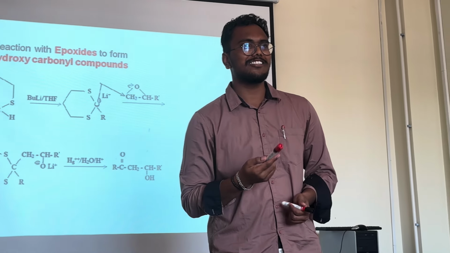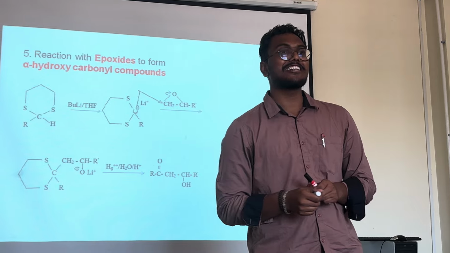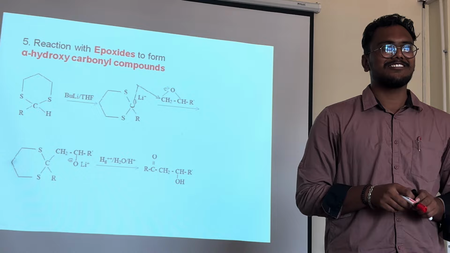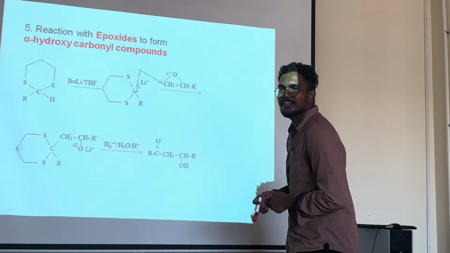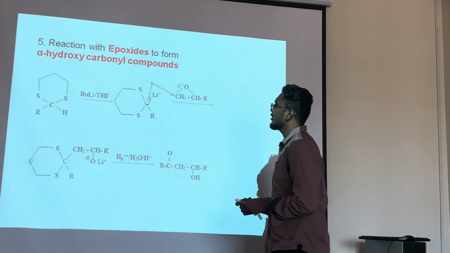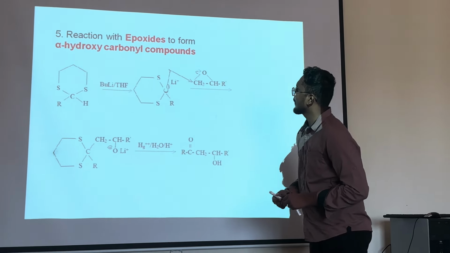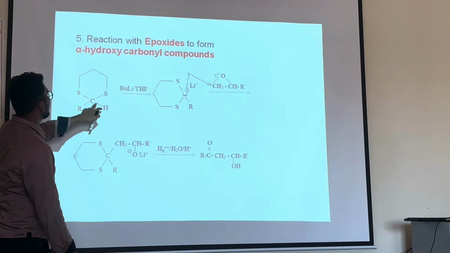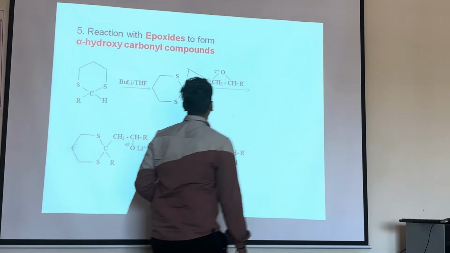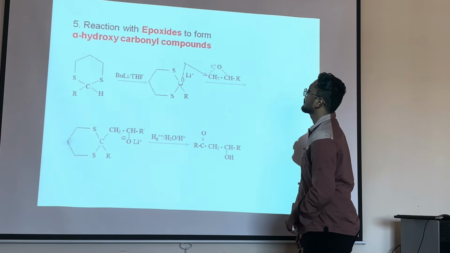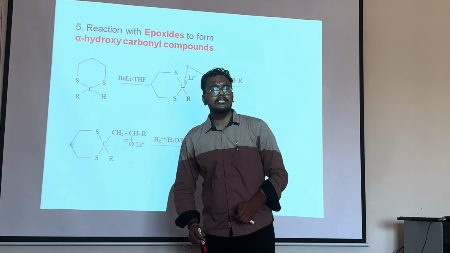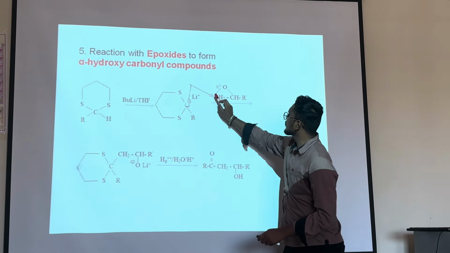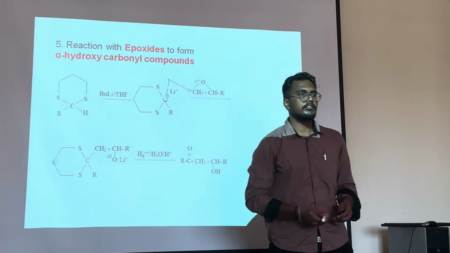Butyl lithium reacts with tetrahydrofuran. Here hydrogen is substituted by lithium. Again negative charge is on the carbon. First butyl lithium and THF react to form this one. Again from here the negative charge goes here to show epoxide formation.